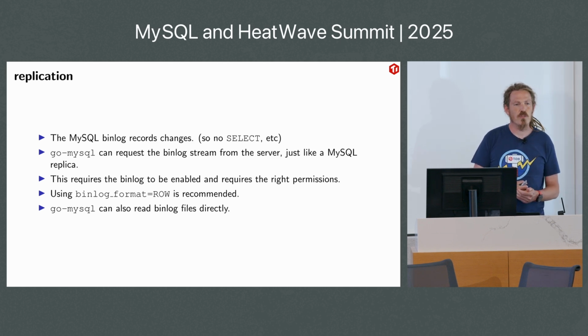The very first thing that this allows you to do is work with replication. MySQL has the whole replication stream, which means that the MySQL server writes binlog data to disk and sends it over the network to any of the replicas, but you can also make your own program that reads from this replication stream.